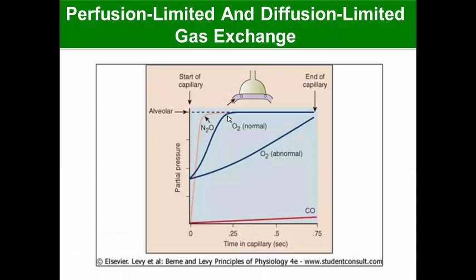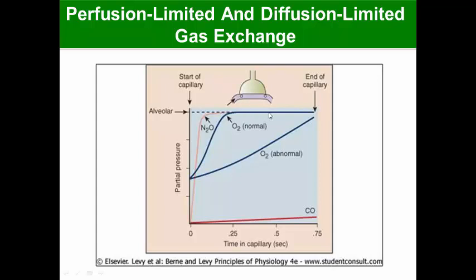So now at this time, the partial pressure gradient for oxygen is abolished. There is no more partial pressure gradient for oxygen. So the diffusion stops, as you can see here.